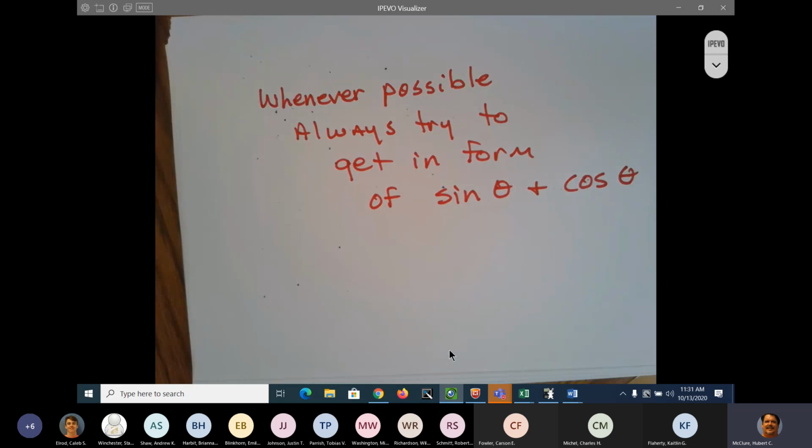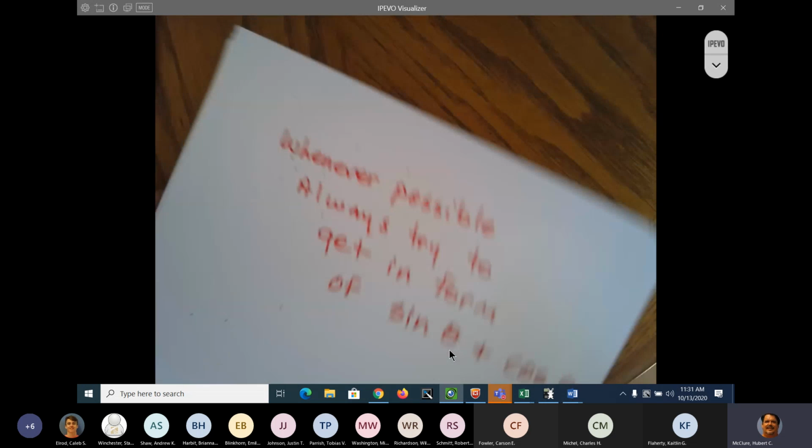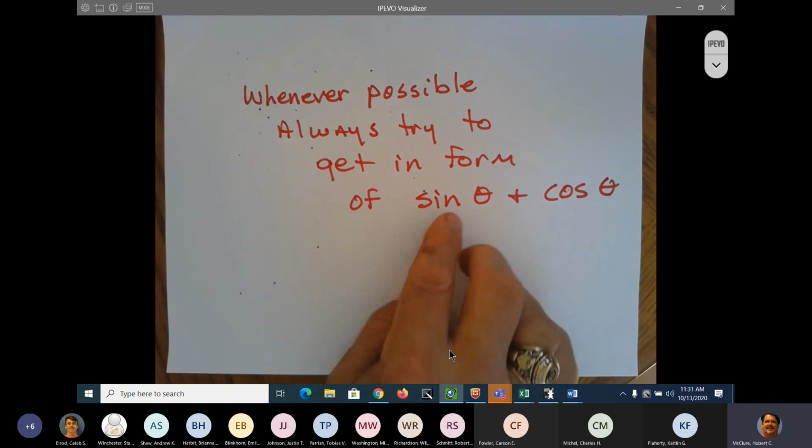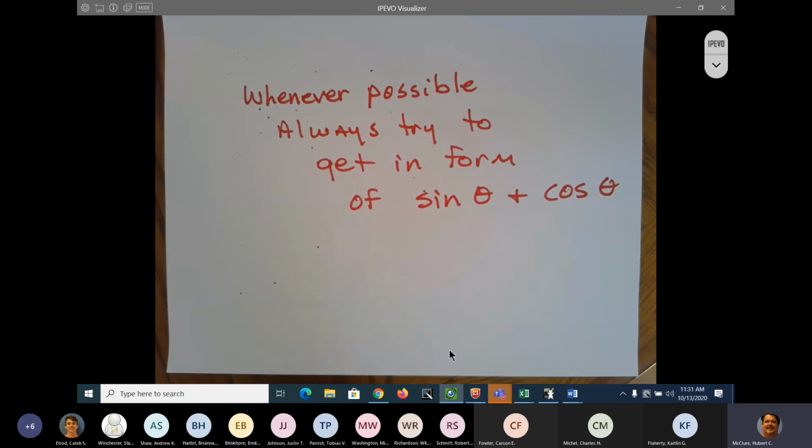Now write that down, because whenever you're dealing with identities, not 100% of the time, but about 90% of the time, if you write the identity in forms of sine and cosine, it will help you out tremendously.